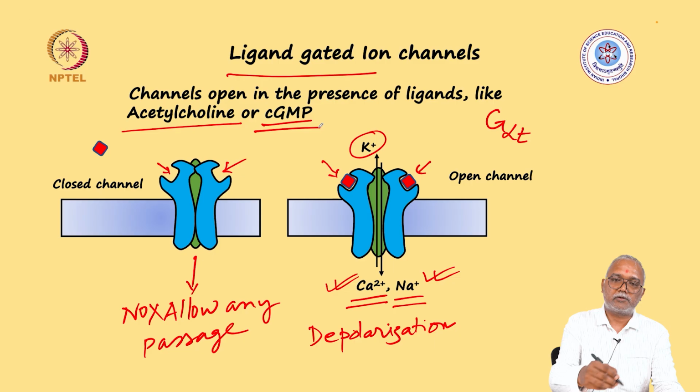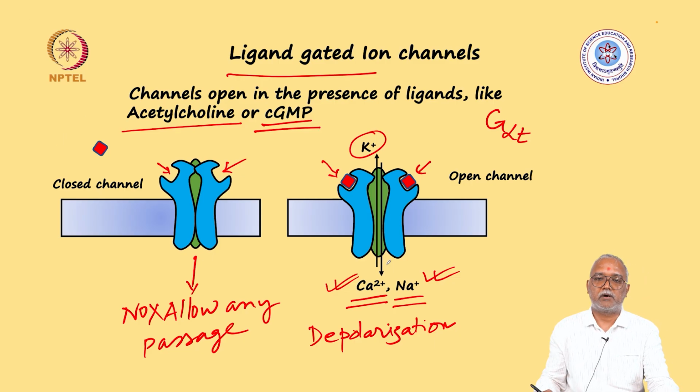So there are so many ligand gated channels which allow the passage of ions or small molecules when they are open. So what you are noticing here is that the receptor itself is engaged in conveying the message. It is not recruiting any next molecule to perpetuate the message or do the signal amplification or signal transduction.